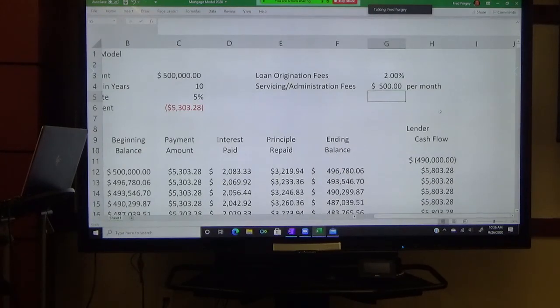Okay. So what's the formula under H12? It's just going to be what the monthly payment was plus whatever the servicing and administrative fees are.